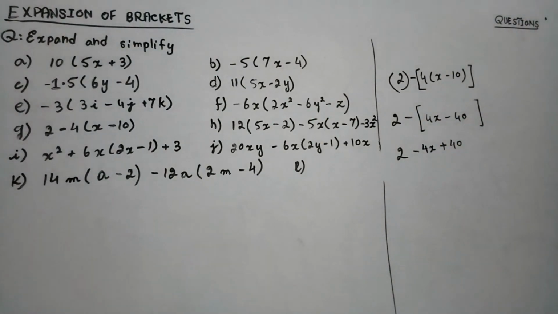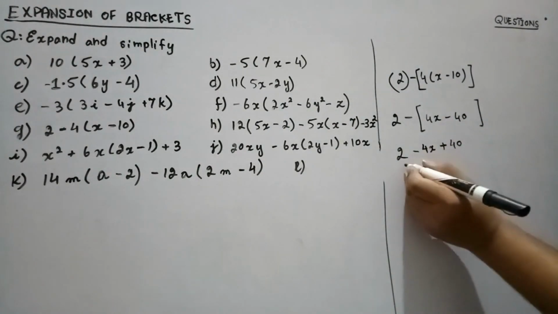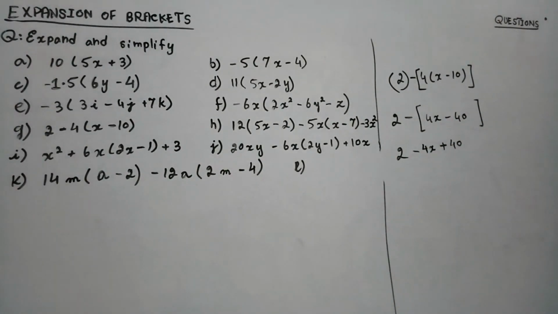Now it is not the answer yet, but we have solved the brackets. So now how to simplify it? Here you can see we have 40 and 2, which are constant numbers, so we can add or subtract them and simplify.